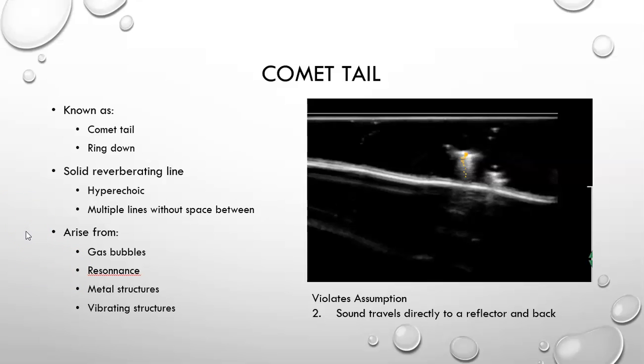The object is vibrating and we get the comet tail behind it. So we have comet tail and ring down artifacts. These are both types of the same artifact.